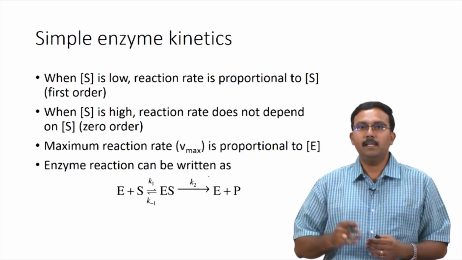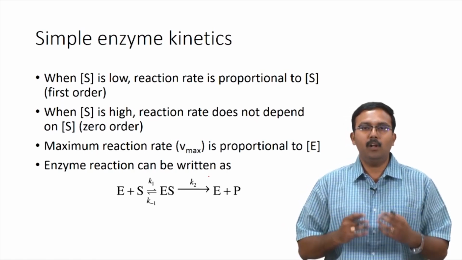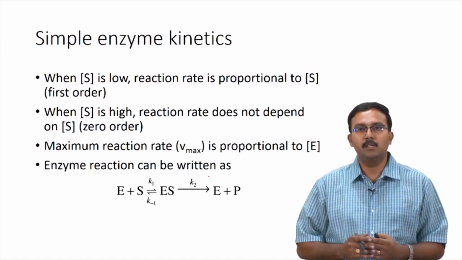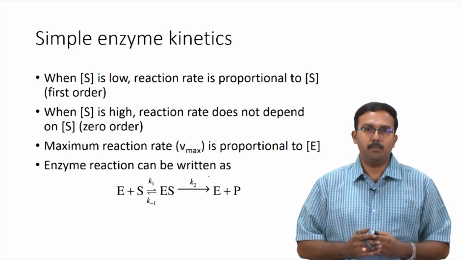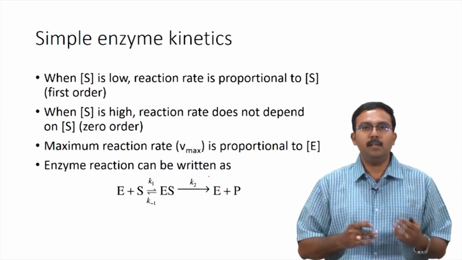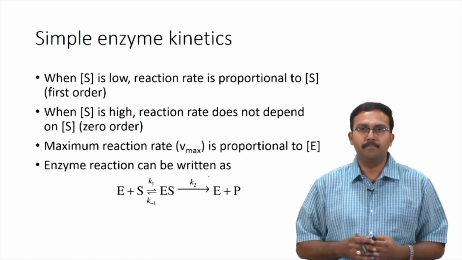However, when the substrate concentration exceeds a certain number, all the active sites present in the enzyme are occupied with substrate molecules. This means adding more substrate will not hasten the rate of the reaction. That is when the rate of the reaction reaches a maximum value, which is Vmax or Vm.